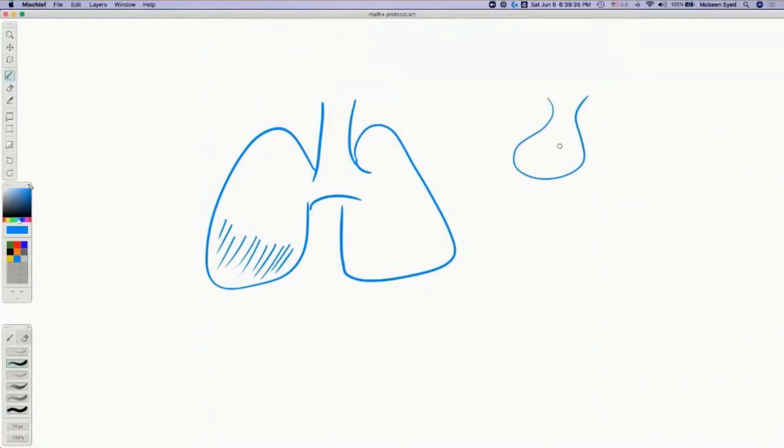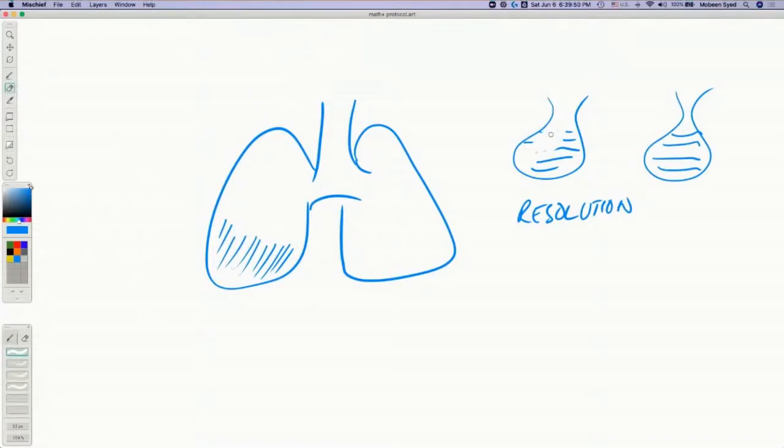So let's say this is an alveoli and it is congested, and this is another alveoli which is congested. One pathway is resolution. Resolution is where the debris, the trash, the congestion is cleared out, normal tissue is restored, and a functional alveolus comes back to normal. So this is called resolution.